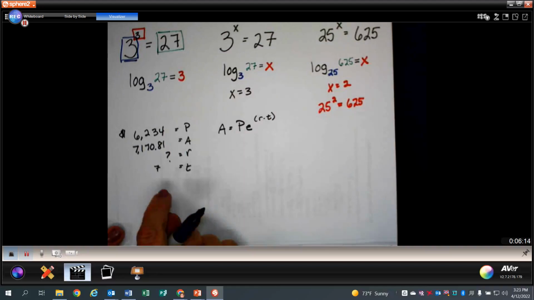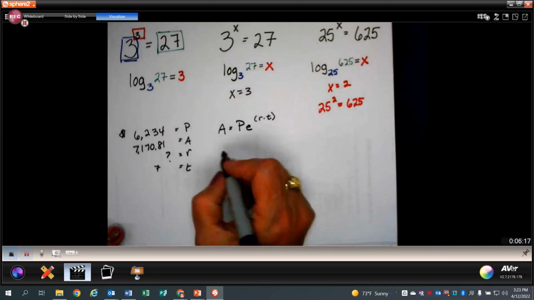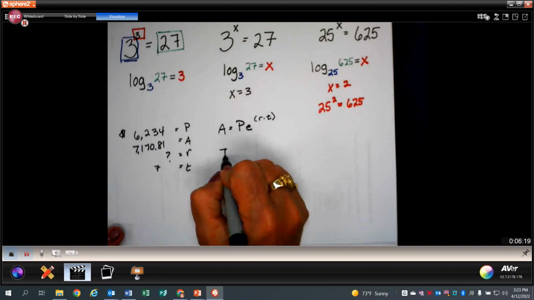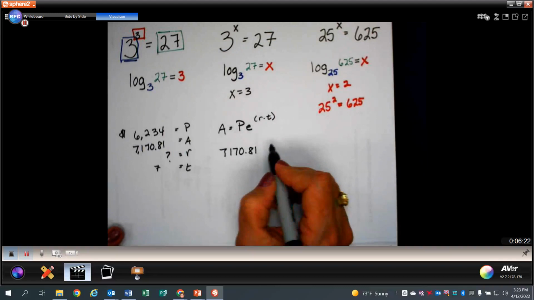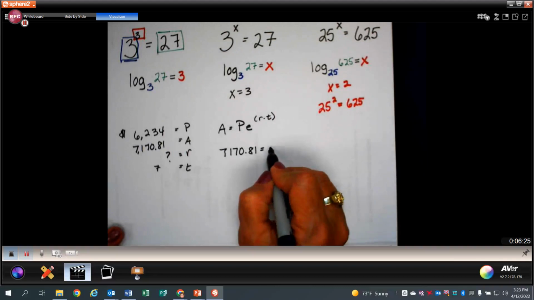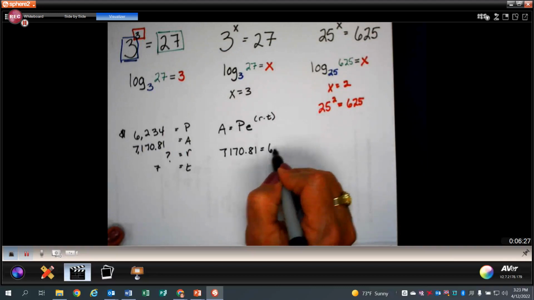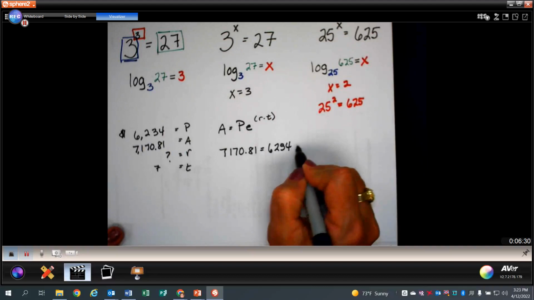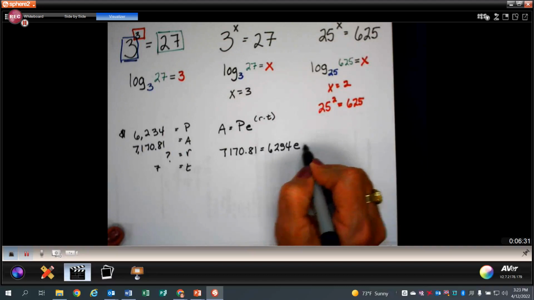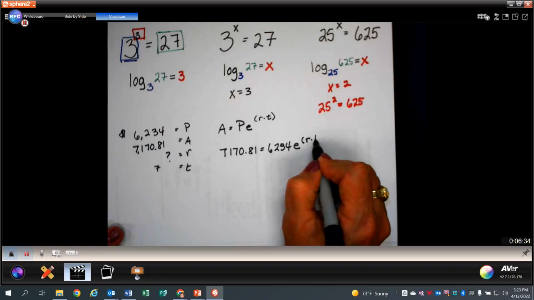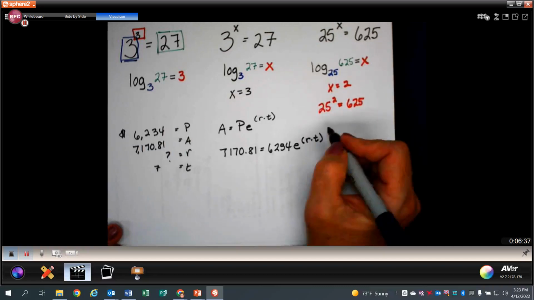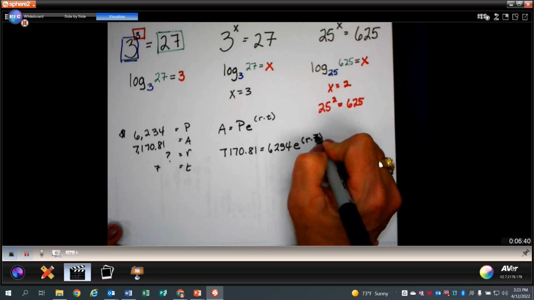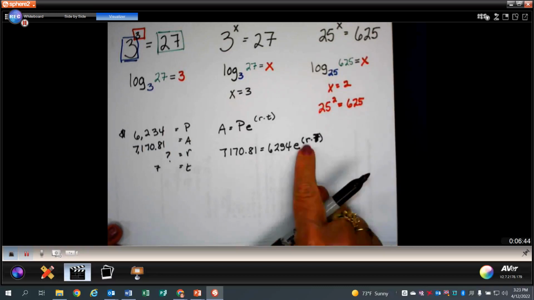A, the final amount, 7,170.81, is going to be equal to the principal, which is 6,234, times E, raised to the power of R times T. Oops, sorry, T is 7. So I need to change that to a 7. Apologize. So R is what I have to solve for.